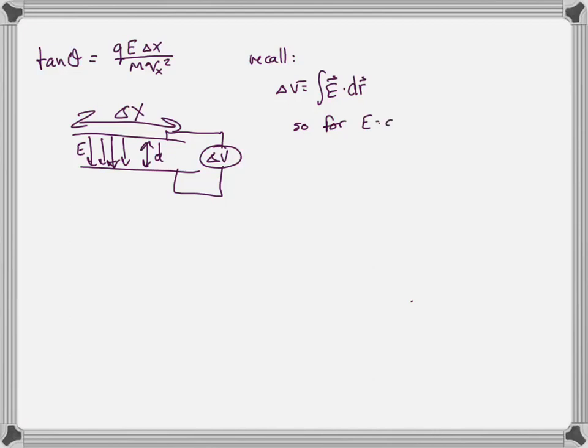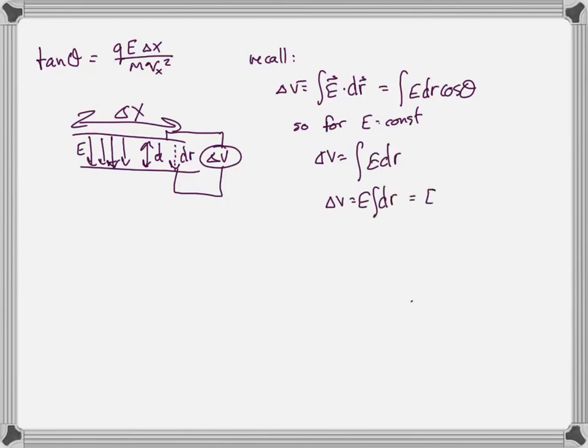So for E equals a constant, and dr, the distance as we go from one plate to the other, along E, E dot dr is the integral of E dr times the cosine of the angle between E and dr. If dr is in that direction, then delta V equals the integral of E dr. E is a constant, so delta V equals E times the integral of dr, so it's just delta V equals E times D. The distance from one plate to the other is D.